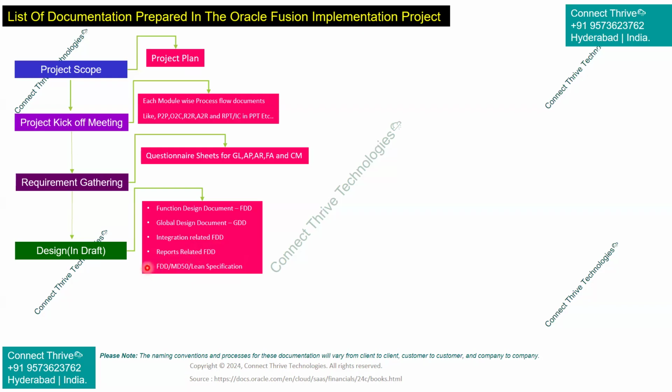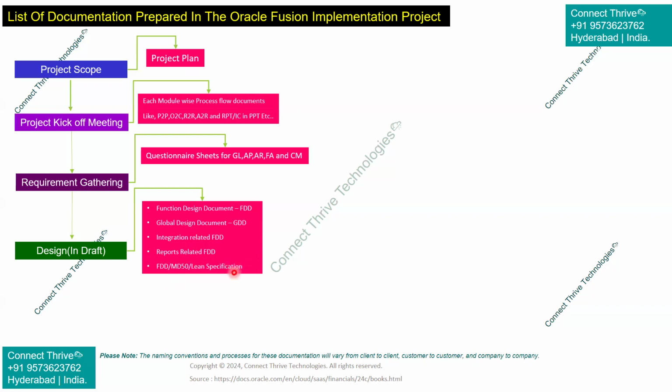Nowadays people are calling the MD50 or FDD a lean spec. So these three names are the same. FDD is the functional design document. Earlier we called it MD50 at the ABS level. Now the MD50 is nothing but a lean specification documentation. But these three names are the same.